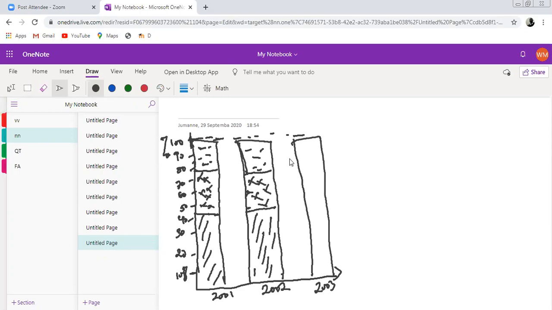So the percentage bar graphs and the component bar graph are highly tested, but you should not also ignore the other two, the simple and the multiple bar graphs. Having said that, I can briefly talk about the pie chart, which is another way we can present our data. The pie chart is simply a circle that is subdivided into sectors.